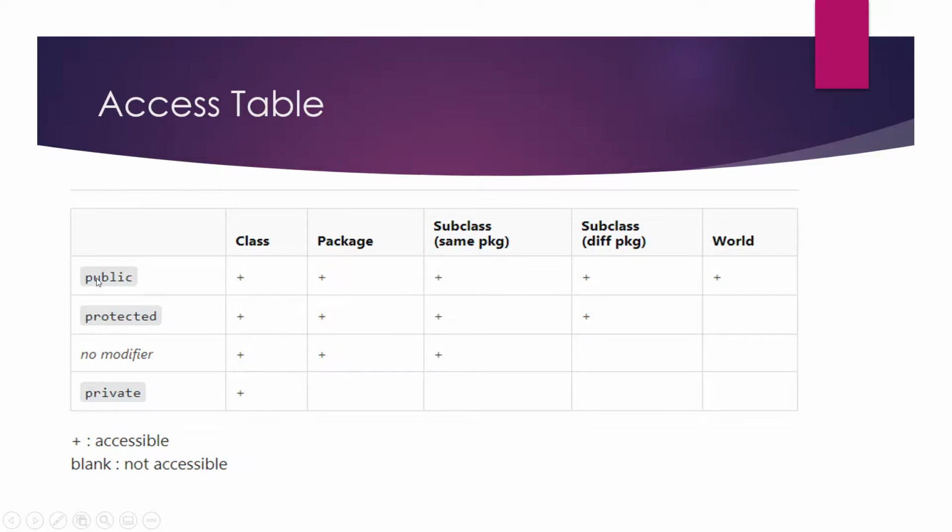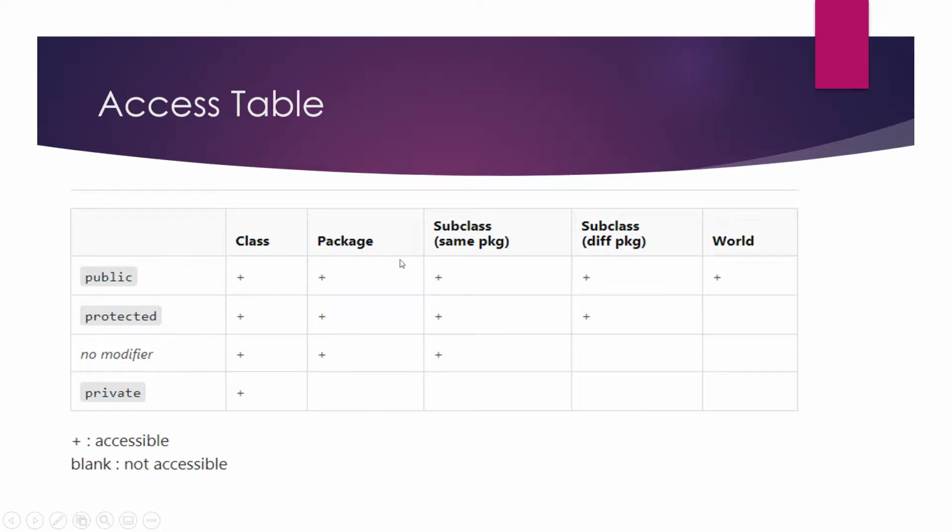Now let's come to public. If you define a public variable or public member, it can be accessible from everywhere: from the same class, the same package, a subclass in the same package, a subclass in a different package, and a class from outside of the package.